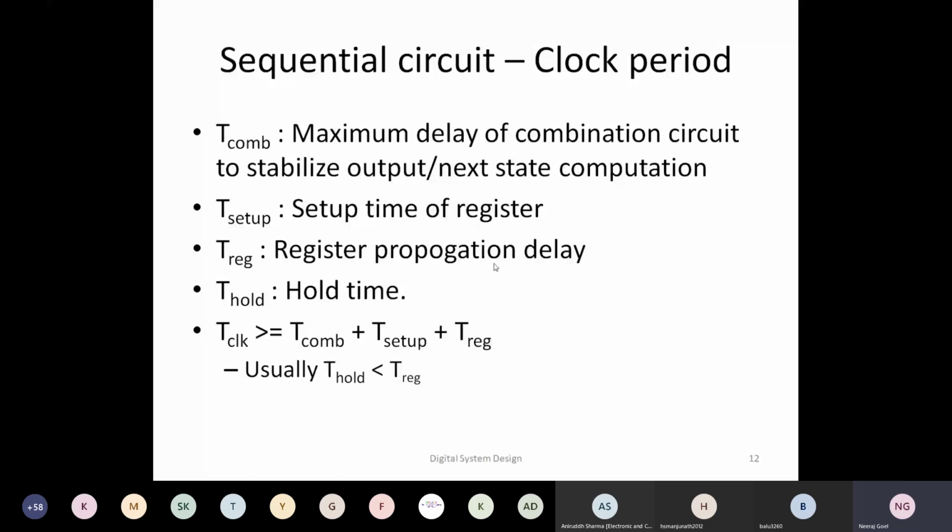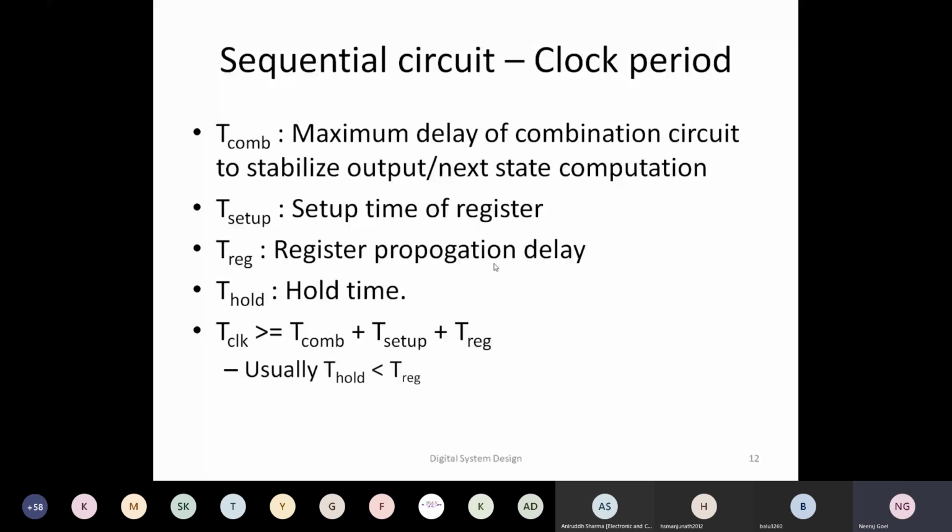Now, if I want to finish a particular task in a single clock period, then the duration of the clock has to be more than the summation of combinational delay, setup time, and register propagation delay. The assumption of this statement is that T hold is usually very much less than the propagation delay of the register.